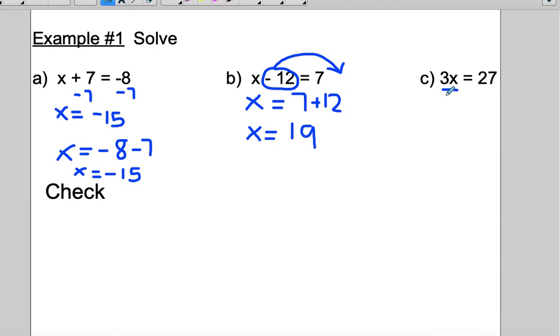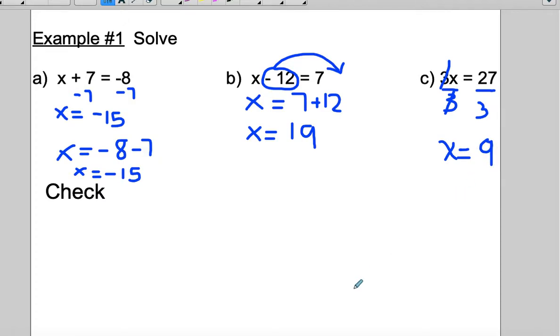So we're going to divide out whatever that coefficient is. And if you remember, the coefficient is the number before the variable. So if we divide out the 3 from the left side, we're going to divide out the 3 from the right side. These 3s cancel out because it leaves us with 1. So we're going to have x is equal to 9 for this example.